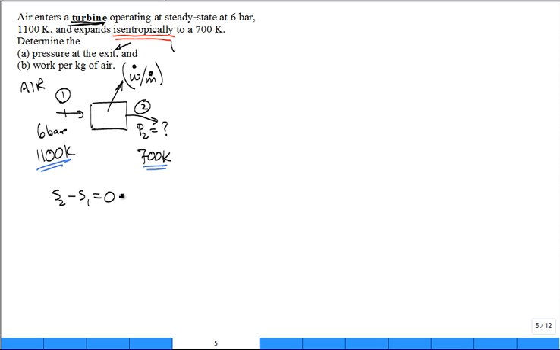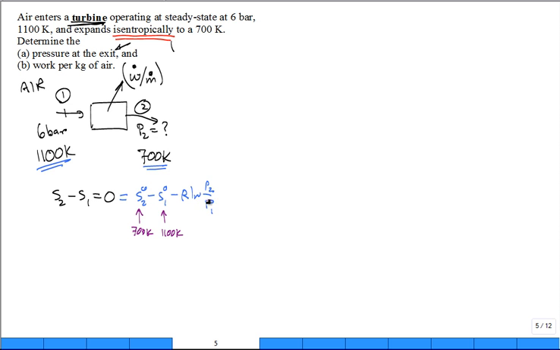So this is equal to S2 naught minus S1 naught minus R natural log of P2 over P1. Go and look up S2 naught, that's at 700 Kelvin. Go and look up S1 naught, that's at 1100 Kelvin.